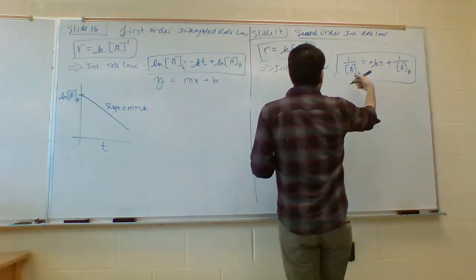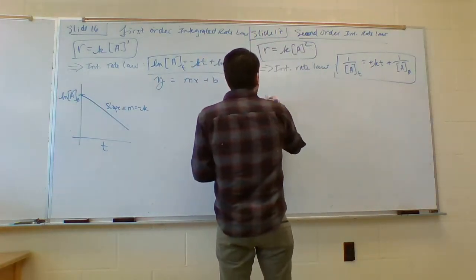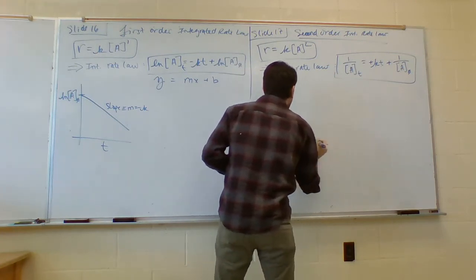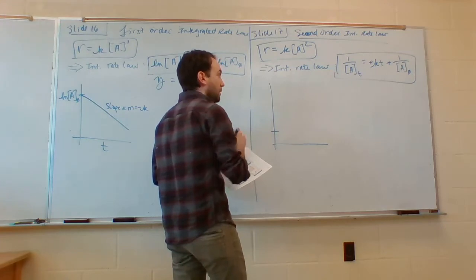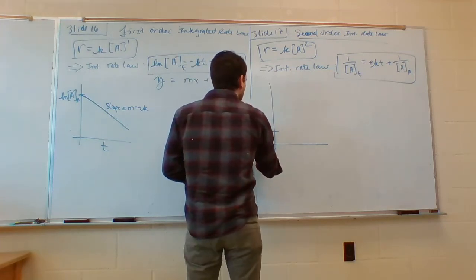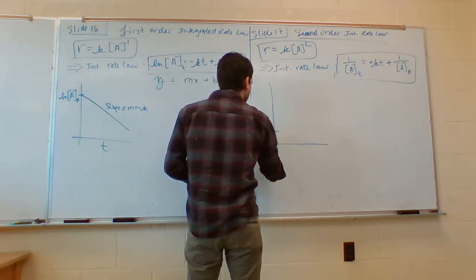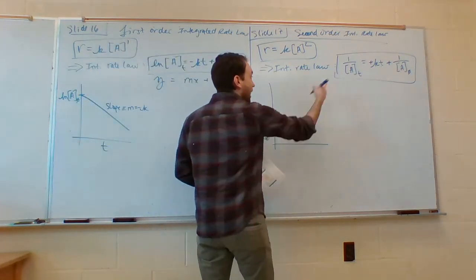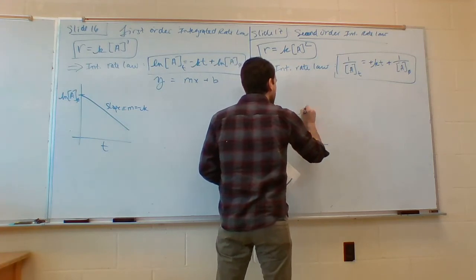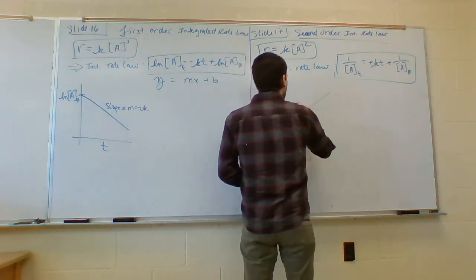Now, again, it's in the form y equals mx plus b. So if we plot this, we are going to start at 1 over our initial concentration on the left-hand side. That's going to be our y-intercept. And notice that this time our slope is positive.